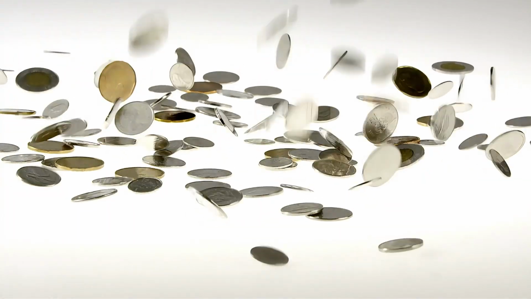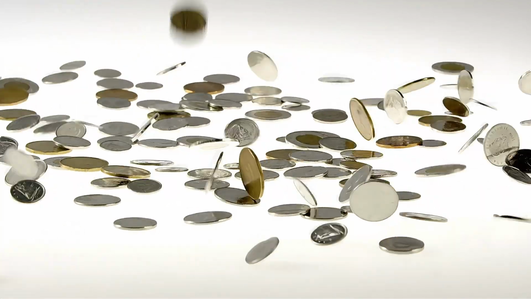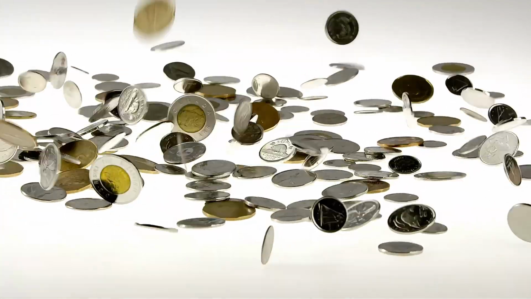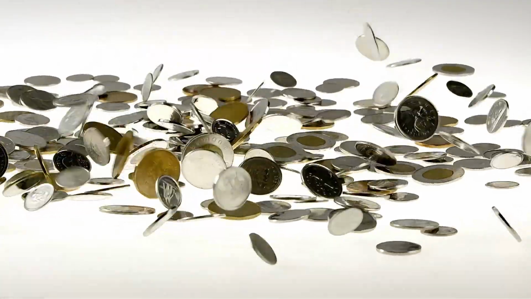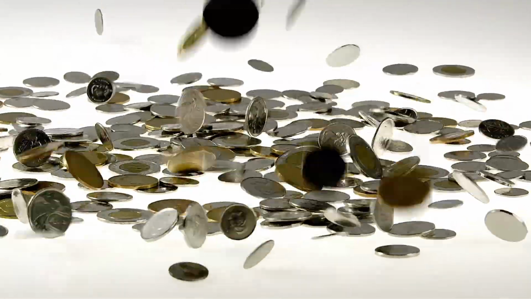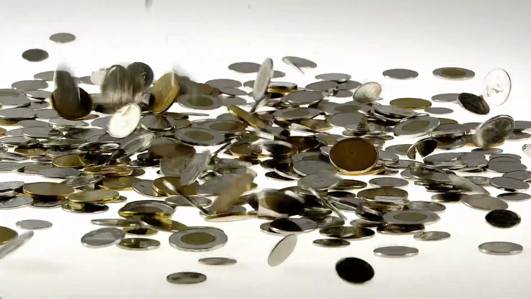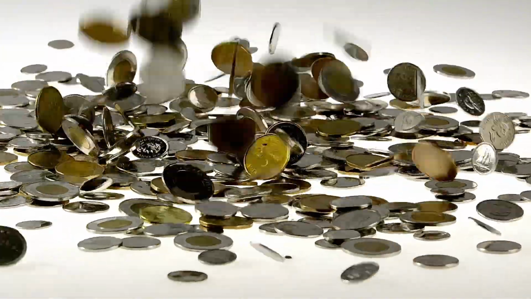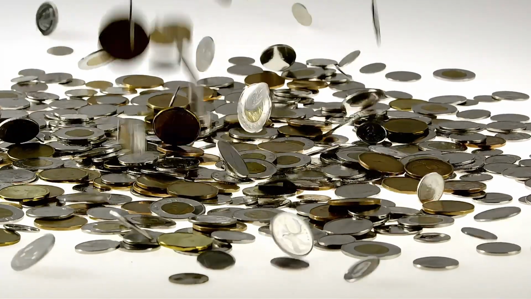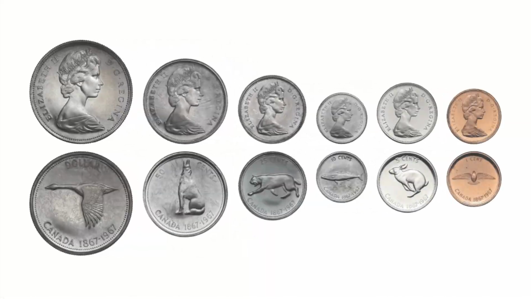Today we're going to be diving into a fascinating piece of Canadian numismatic history, the 1967 rotated die Goose dollar. For those who may not be familiar or well versed in Canadian coinage, 1967 marked Canada's centennial, and to celebrate, special designs were issued for all of the different coin denominations.